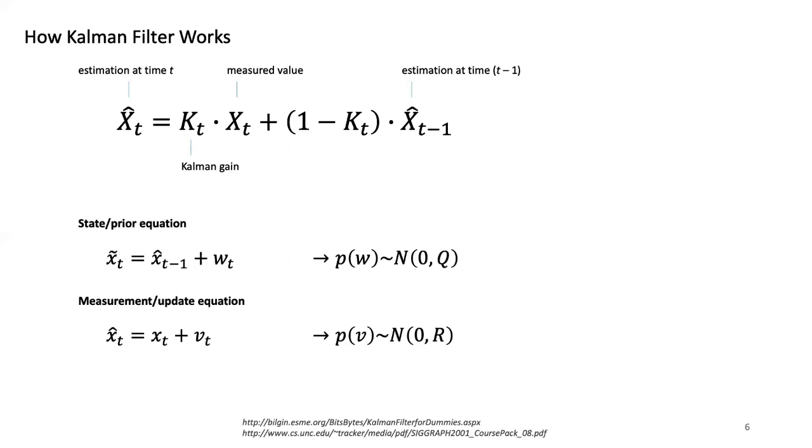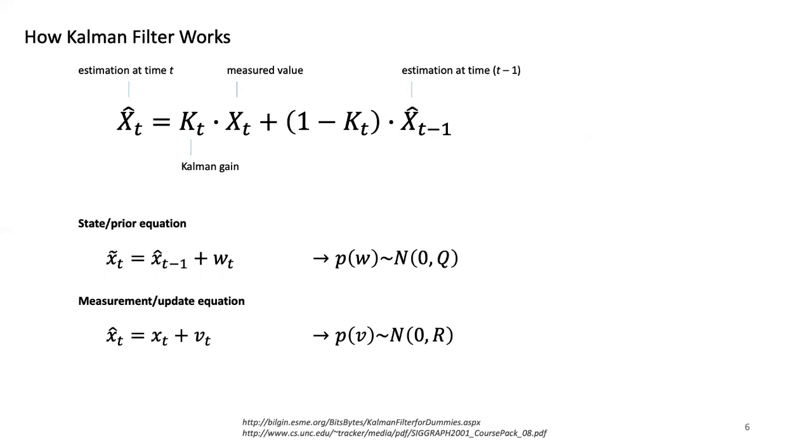So time t minus 2 is irrelevant. Whatever information existed at time t minus 2 is already incorporated into the estimate at t minus 1, so we don't have to worry about it. So it very elegantly incorporates all of the prior information that we have to date.